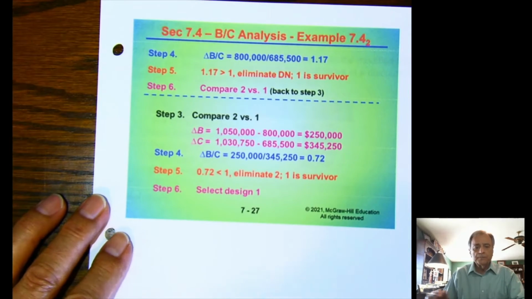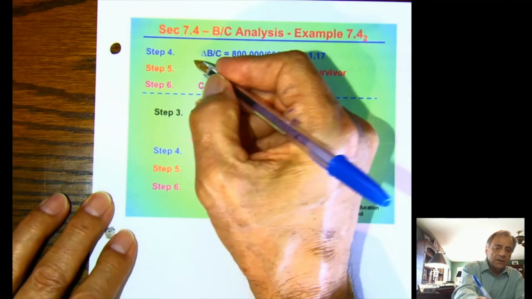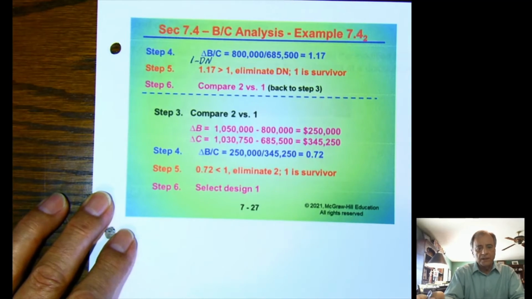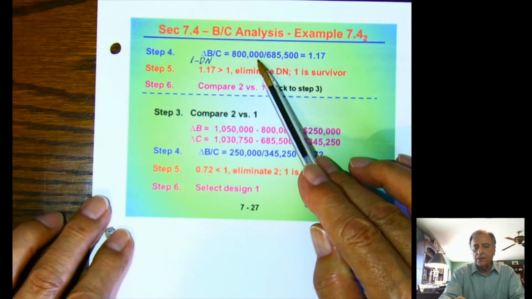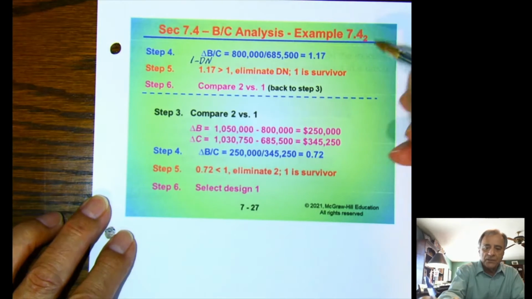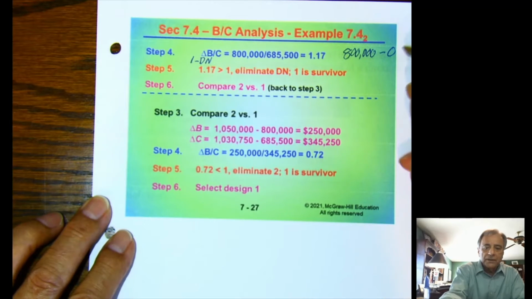So the delta BC, and this is 1 minus do nothing, is just the benefits of 1, which are $800,000 a year, divided by the cost of 1. Really, it's 800,000 minus 0 divided by 685,500, that's the cost, minus 0.